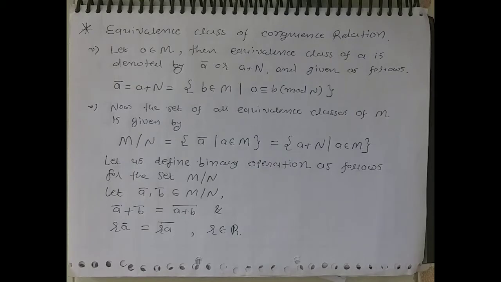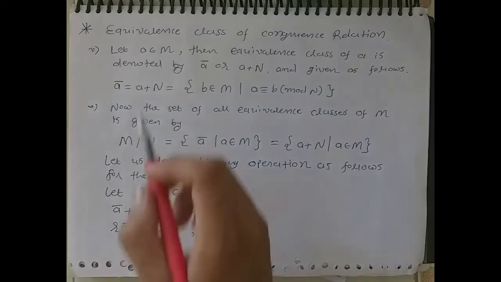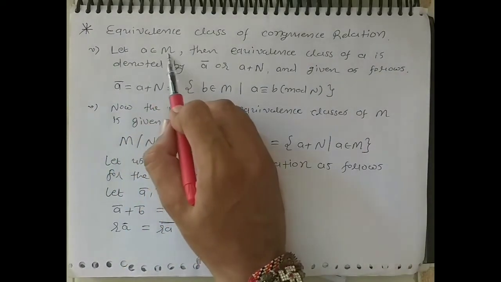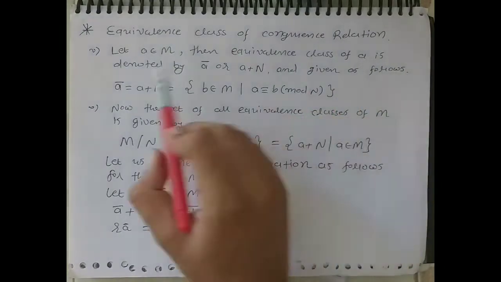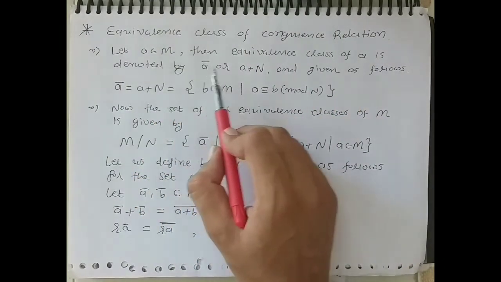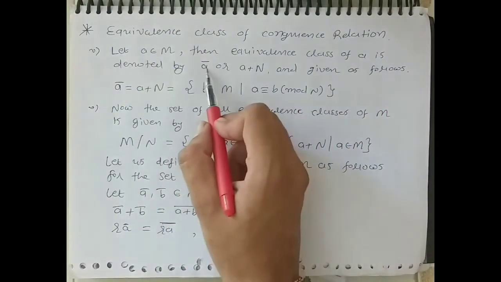Now congruent modulo N is an equivalence relation. Hence each element from M has an equivalence class. So the equivalence class of the congruence relation. Let us consider an element A belongs to M. Then the equivalence class of A is denoted by A bar or A plus N and given as follows.